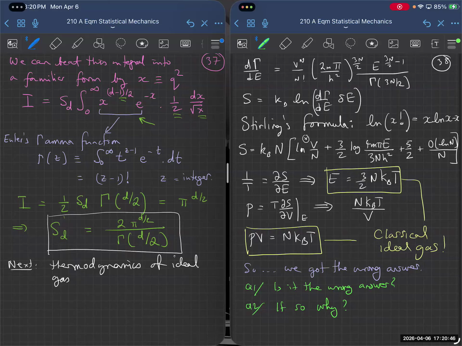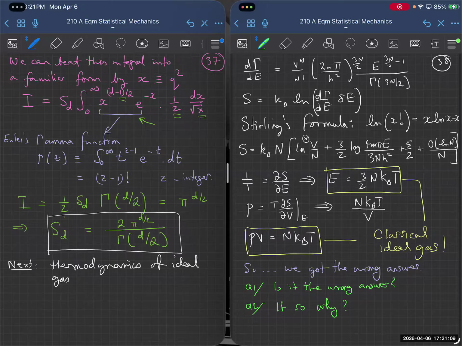Someone at some point last week said you can't label the states if they're identical particles in a quantum system, something about fermions. Okay, right.